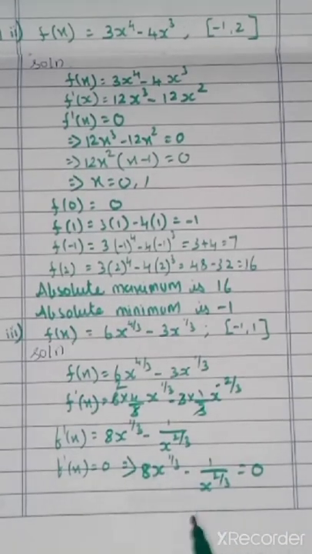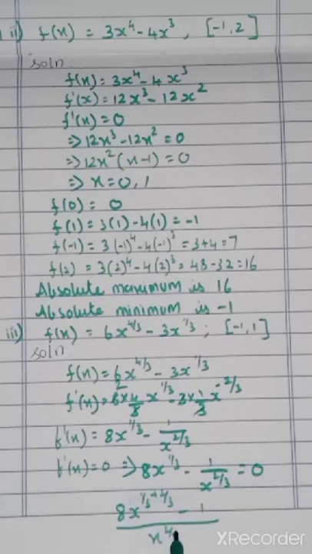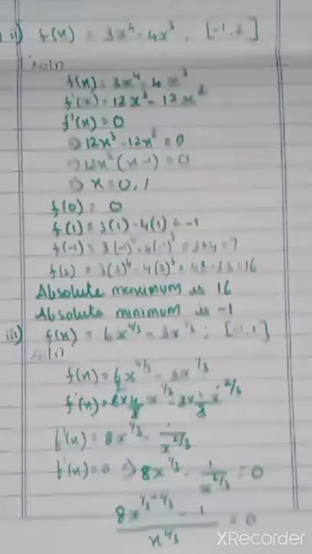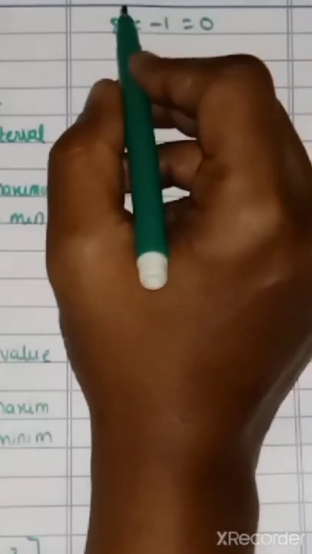Taking the LCM, 8x power 1 by 3 plus 2 by 3 minus 1 by x power 2 by 3 equal to 0. Correct? So 1 plus 2 is 3, 3 by 3 cancels. Then here we have just 8x minus 1, and the other term goes to the other side and becomes 0. So what will be remaining? Only 8x minus 1. So 8x minus 1 equal to 0 is remaining.